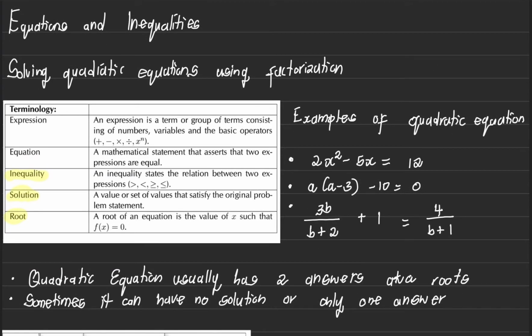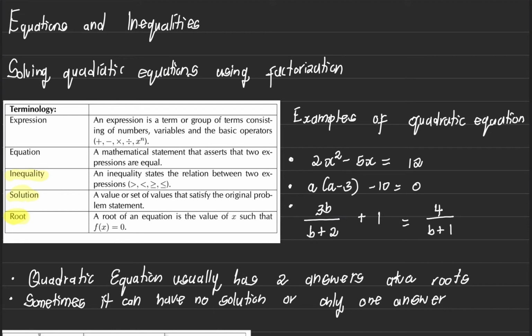The other term that we have is a root. A root of an equation is the value of x such that f(x), the function of x, is equal to 0. So it indicates the values of x when y is equal to 0.